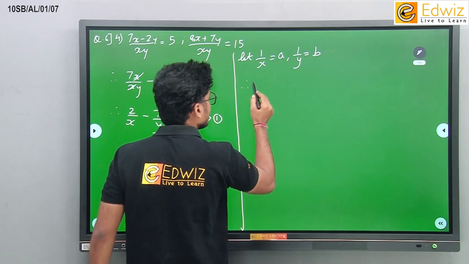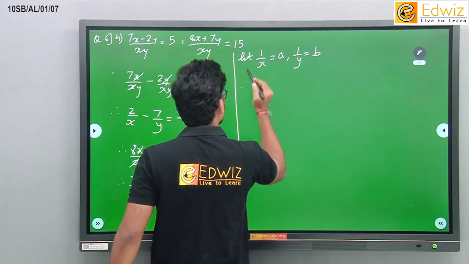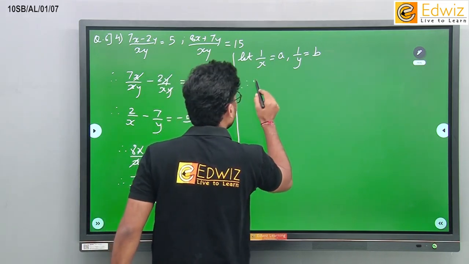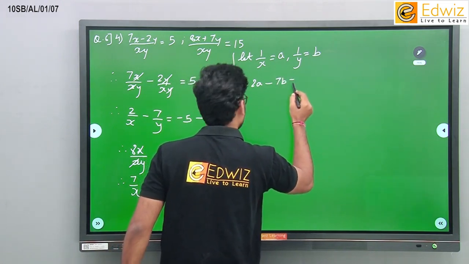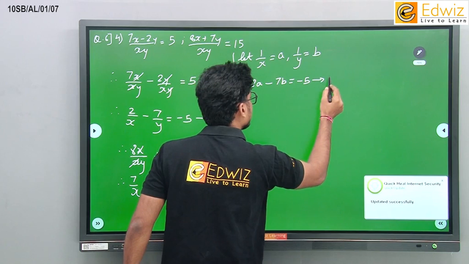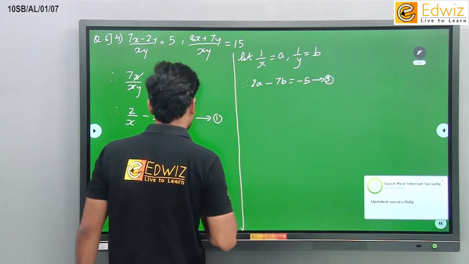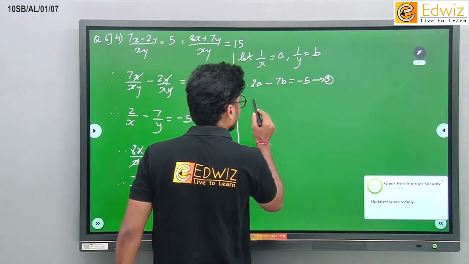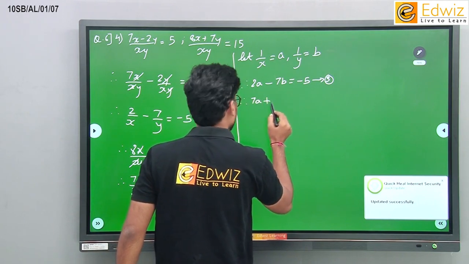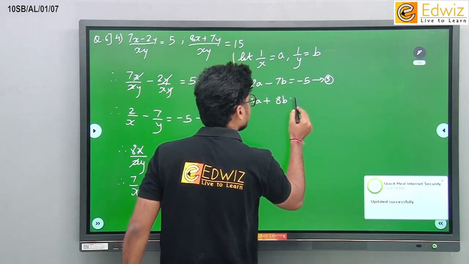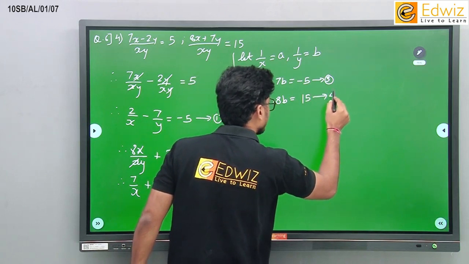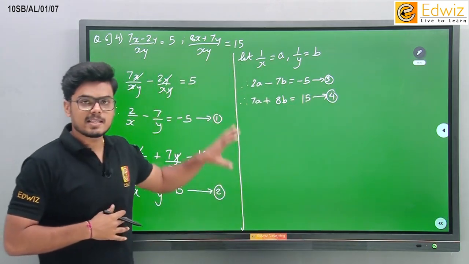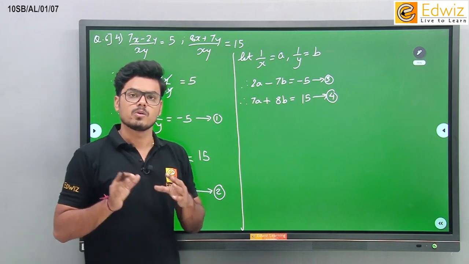So therefore 2 upon x will be 2a, minus 7 upon y will be 7b, equal to minus 5. Equation number 3, correct? And then we have 7 upon x, matlab 7a, plus 8 upon y, matlab 8b, equals to 15. This becomes my equation number 4. Okay, so these are the equations that we are going to solve.